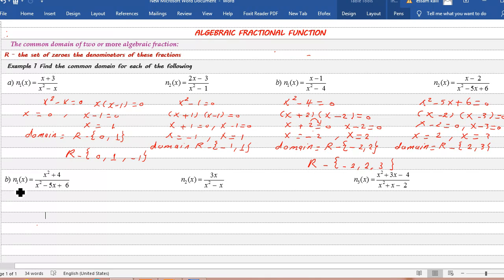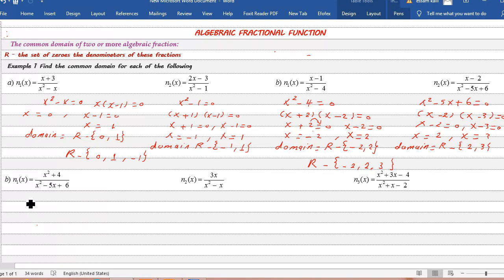Letter B: n1 of x equals (x² plus 4) over (x² minus 5x plus 6). First, find the domain of n1 of x.